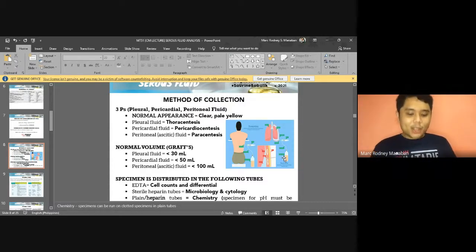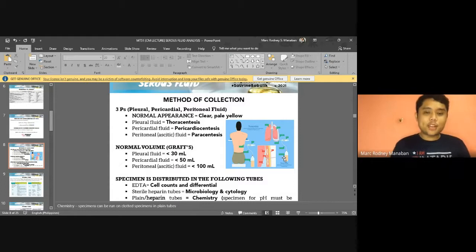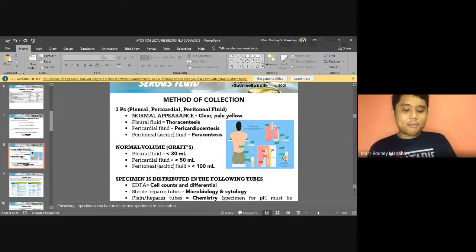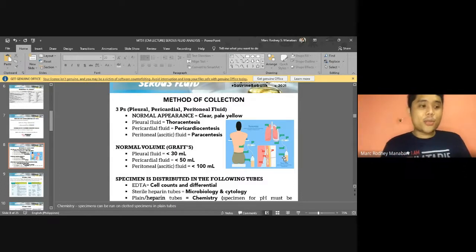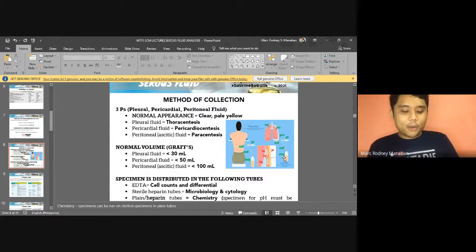Alright? So that's why it's called serous because medyo same siya appearance in mga serum, clear, pale, yellow. So for pleural fluid, thoracentesis, diba, thorax is diri sa imuhang chest. Alright? And then pericardial, you have pericardiocentesis, and of course, for peritoneal or ascitic fluid, another term for peritoneal is ascitic or ascites, is paracentesis.